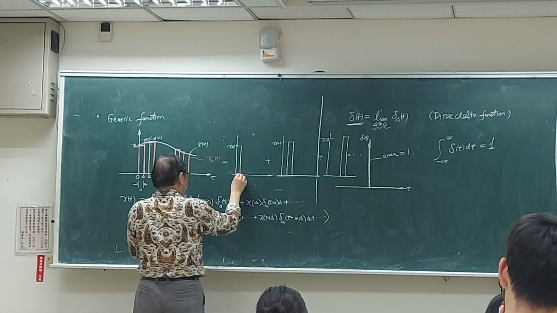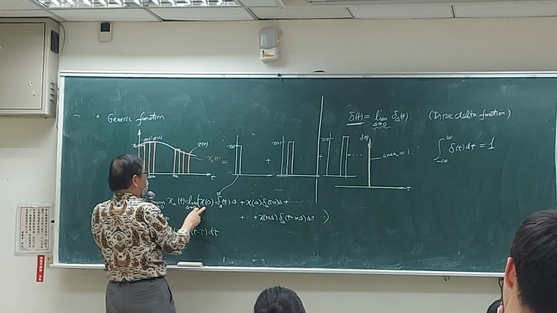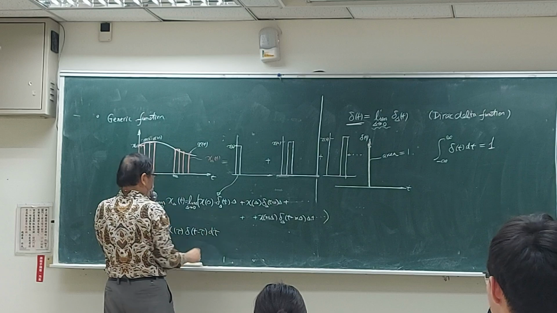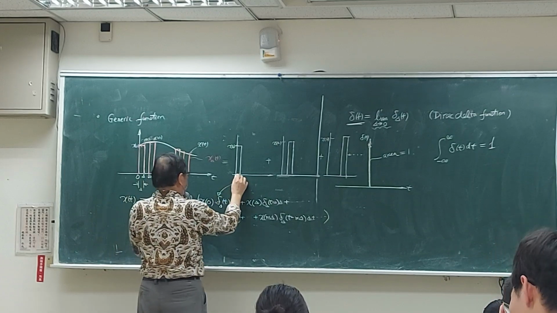So the first function can be replaced by x of 0 times delta sub delta of t, and then times the width.